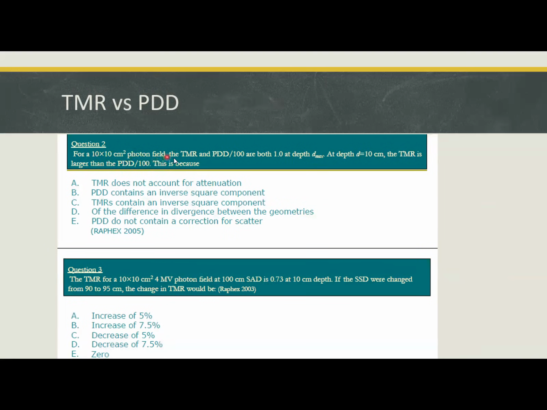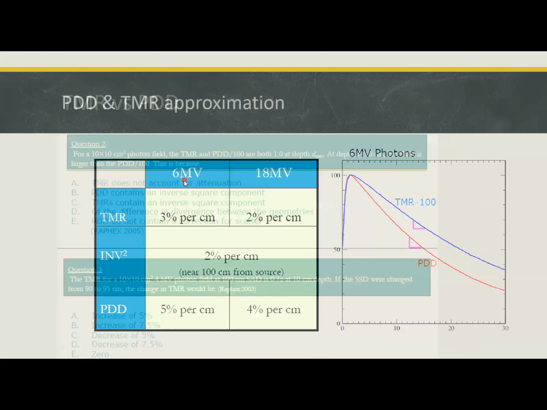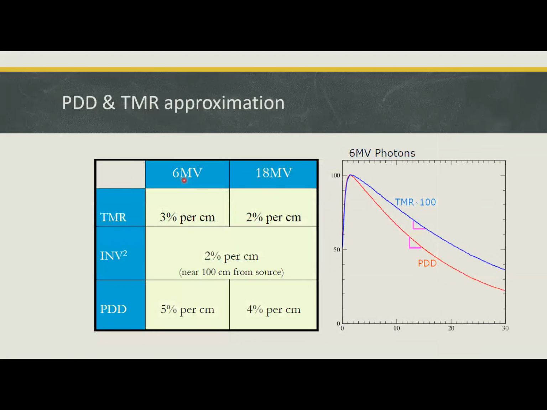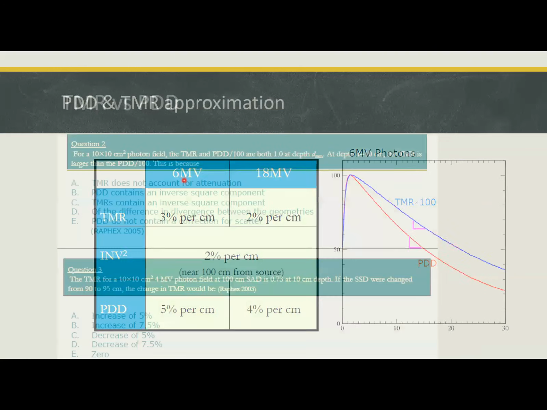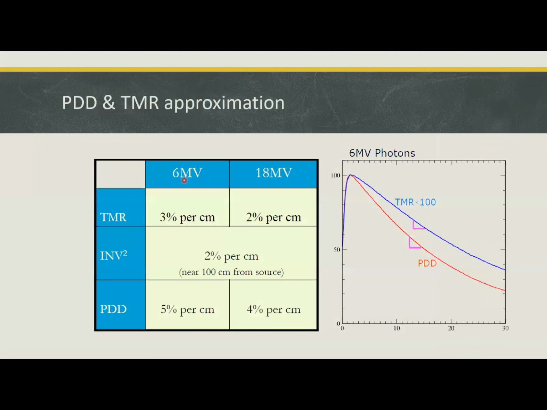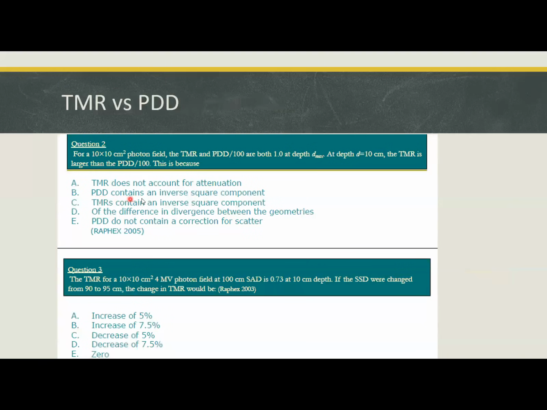This is because PDD contains the inverse square component, that's why it is low. So another question: the TMR for a 10 by 10 4 MV photon field at 100 cm SAD is 0.73 at 10 cm depth. If the SSD were changed from 90 to 95, the change in TMR would be.